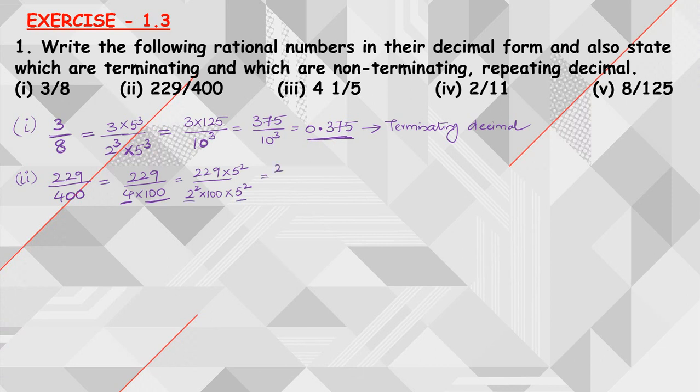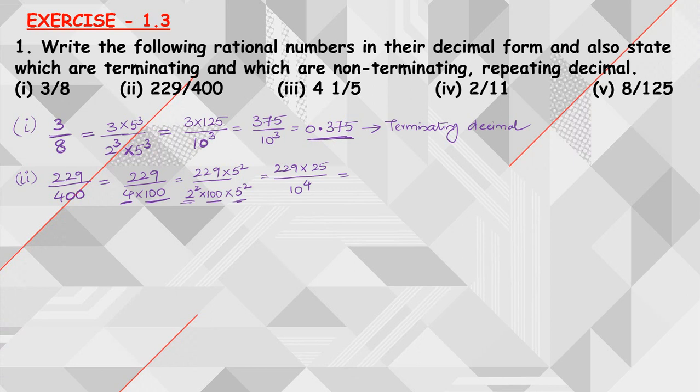So this I can write as 229 into 5 square, which is 25, divided by 100 and this is also 100. So this I can write as 10 power 4. Now 229 into 25.